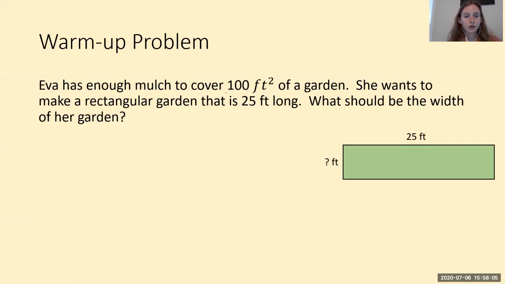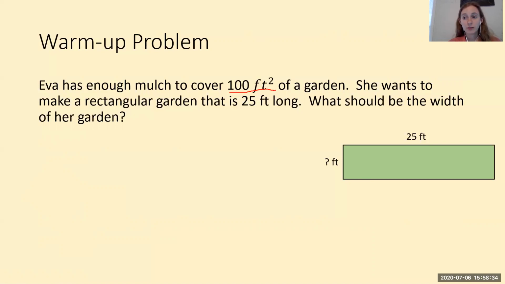Okay, so Eva has enough mulch to cover 100 square feet of a garden. If you think about what mulch is doing, mulch is covering an amount of space, right? It's covering flat ground. So that idea is related to our measurement of area that we've been working on these past few weeks. So that 100 square feet is a measurement of area.